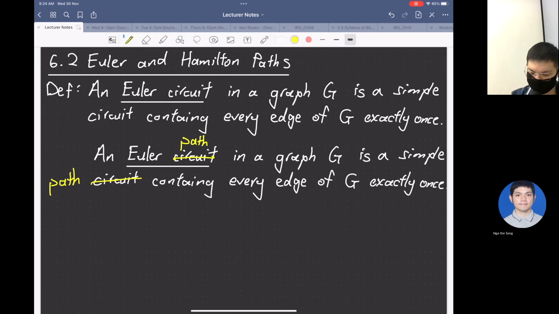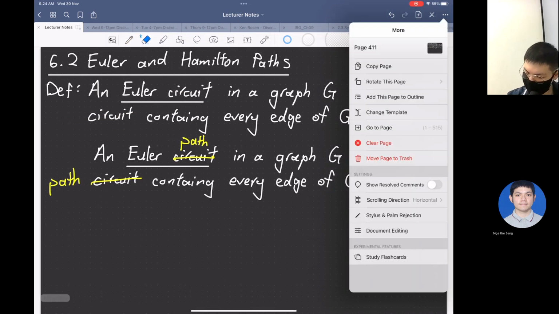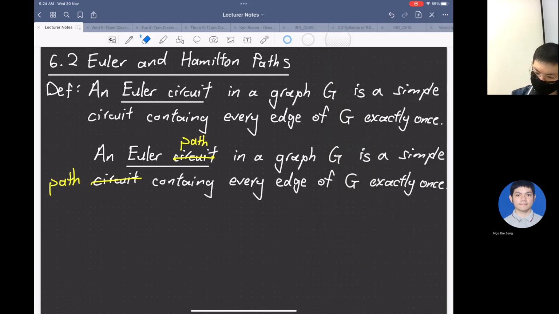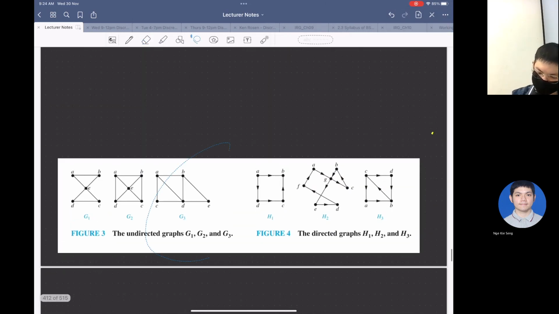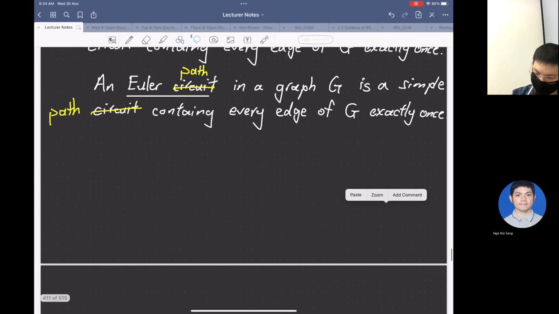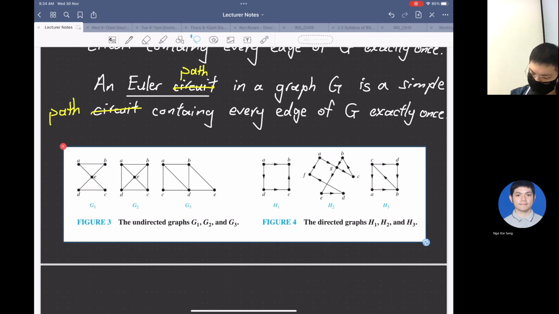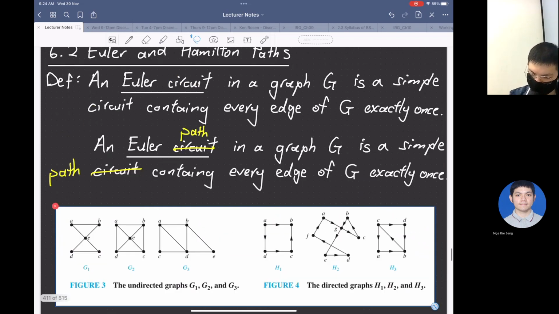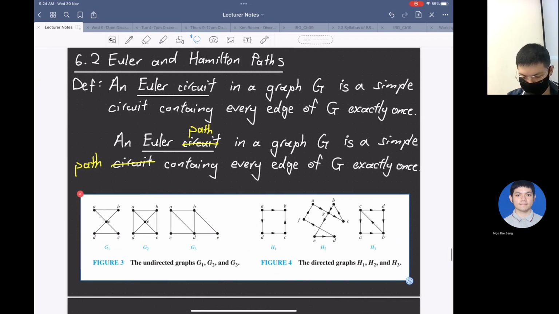Let me copy the example first. Try for 2 minutes. See if you can draw an Euler circuit or Euler path on this graph, directed and undirected.